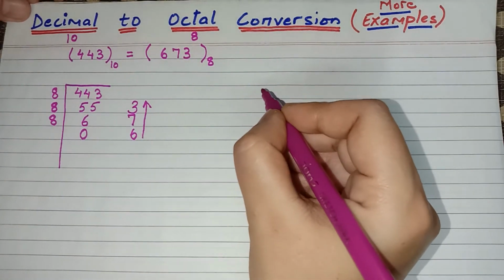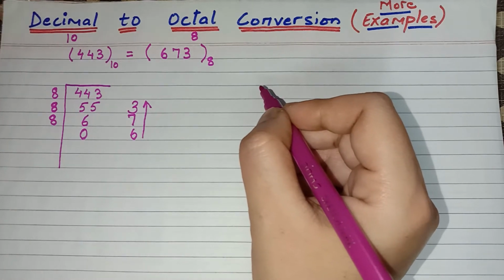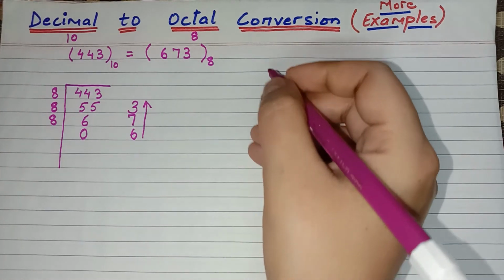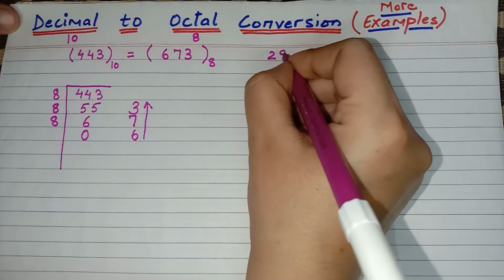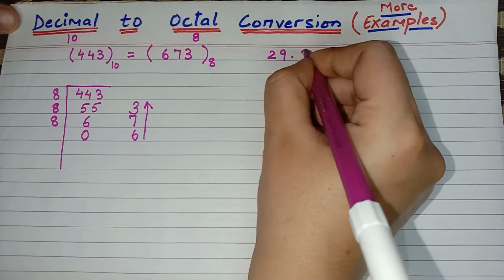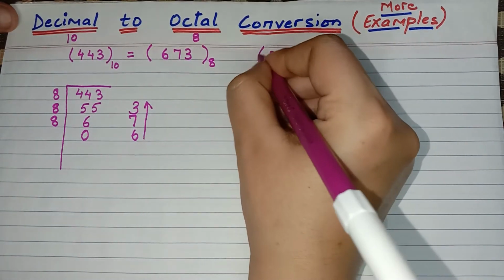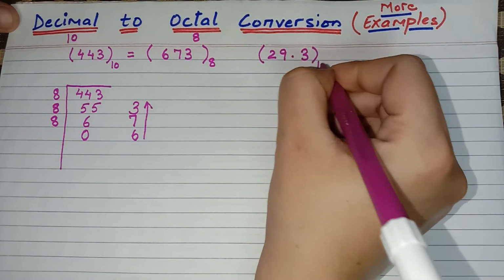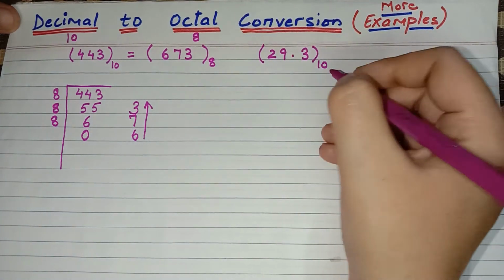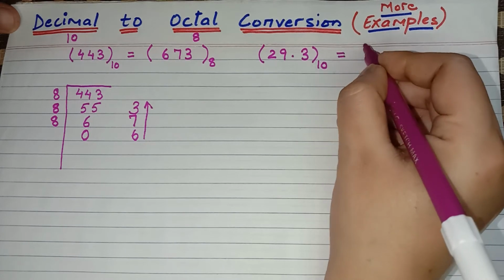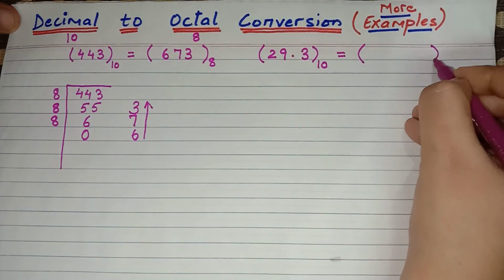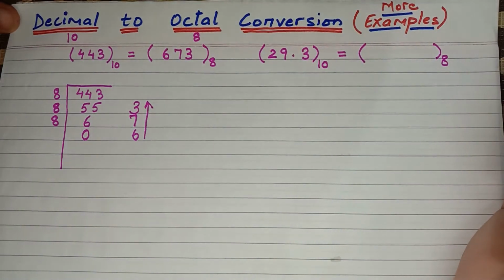So taking one more example, suppose we are having a number 29.3. Suppose the number is 29.3 and this is a decimal number and we have to convert this decimal number into octal number.